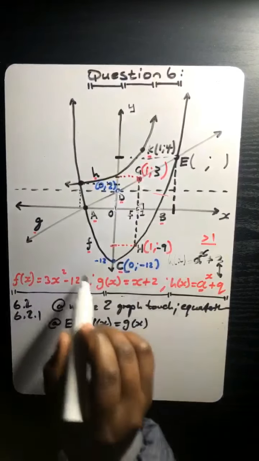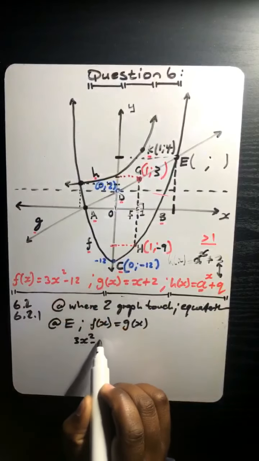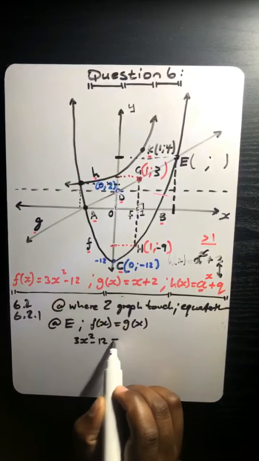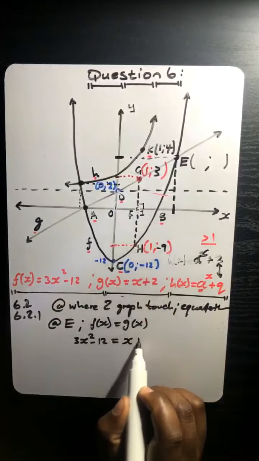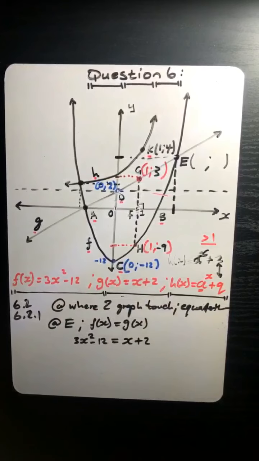Then this is g of x, Shreyas. It's actually 3x squared minus 12. Then you can say it is equal to, what is that? This is x plus 2 there. Can you guys see?